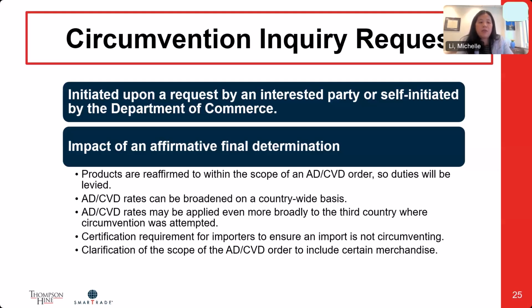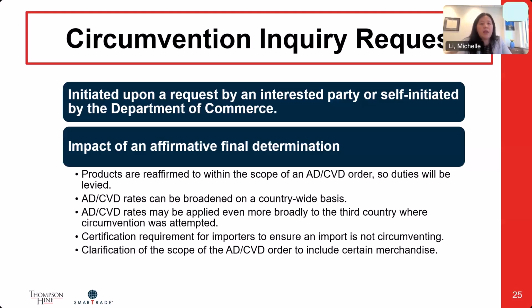And if Commerce finds there is circumvention, they will typically issue a certification provision in the order, basically requiring the importers to ensure that the import is not circumventing. It will also clarify some of the scope language, whether some merchandise should or should not be included. And this tends to overlap with the scope inquiry that I'm going to discuss in the next slides.